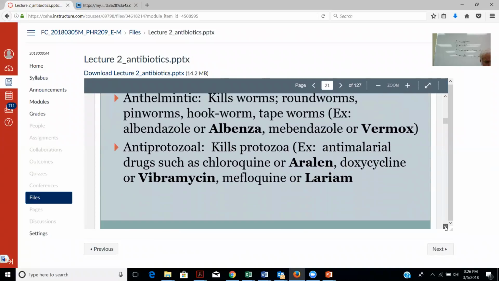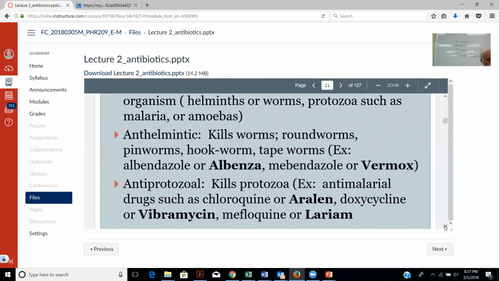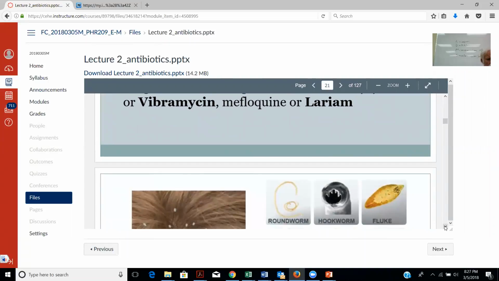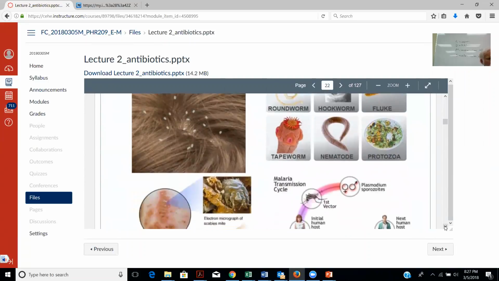But other parasites are things like malaria and leishmaniasis. These are diseases we don't see that much here. Malaria used to be endemic in North America. In fact, when the first European settlers came here, many of them died from malaria.